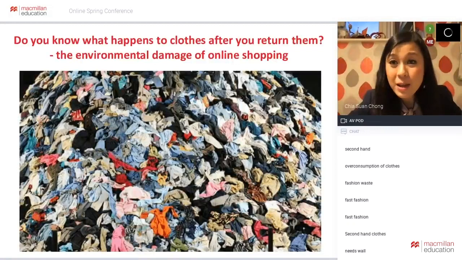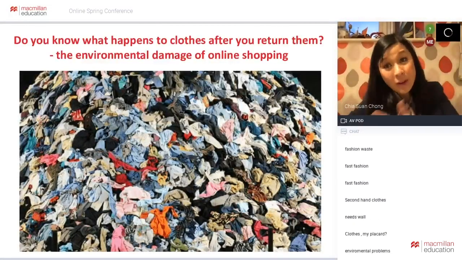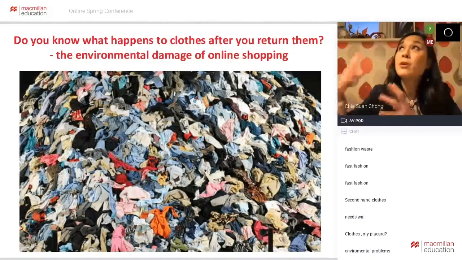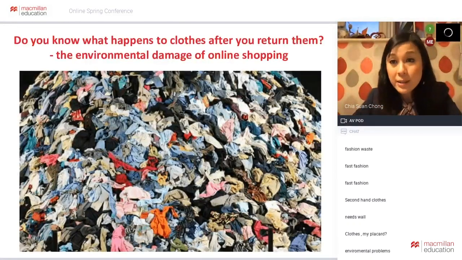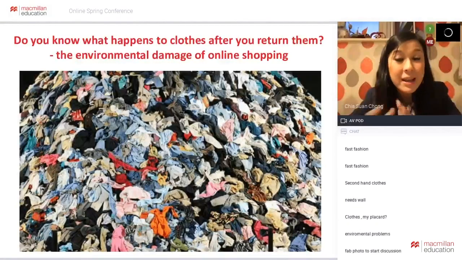There's a whole range of news articles about online clothes shopping. Now, on one hand, online clothes shopping could be good for the environment because you don't have to go to an actual shop that's paying for electricity, that's using staff and water, etc. So you would think that online clothes shopping is good for the environment.